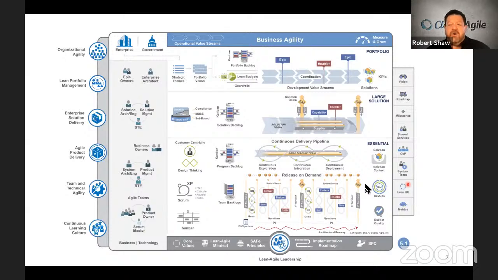Is it a team framework? Mostly no. And to some degree, yeah, we have agile teams represented down here, what we think of as traditional Scrum and traditional Kanban. But that's not the sweet spot. SAFe requires good Scrum, good Kanban, good teams as part of the backbone.